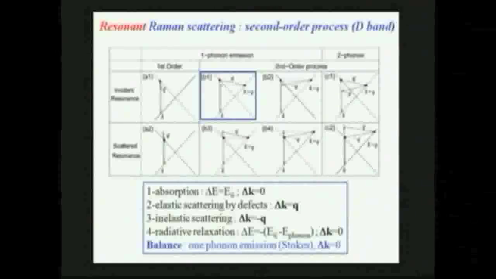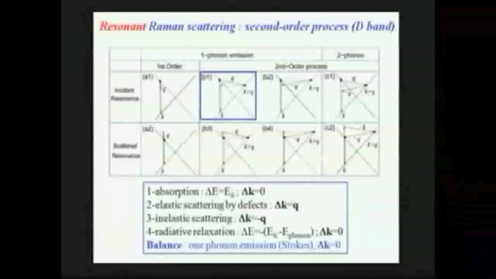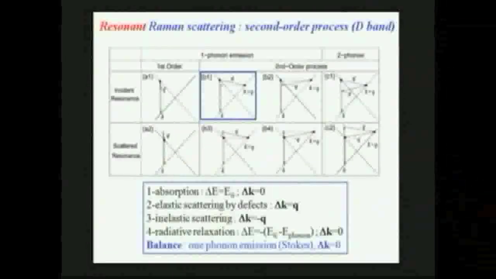This is first-order resonance. First-order resonance means that you have resonance on one point of the eigenstates of the nanotubes, and one single point of the eigenstates of the nanotubes.